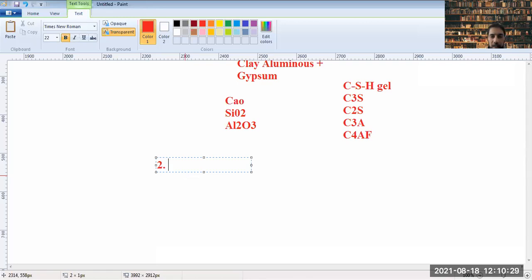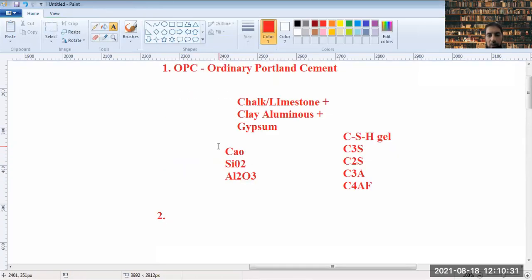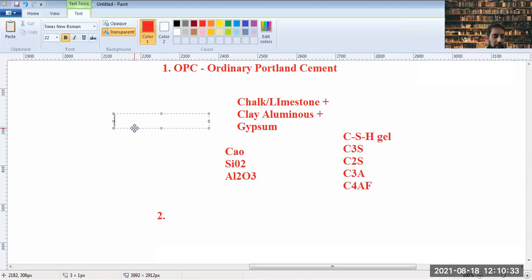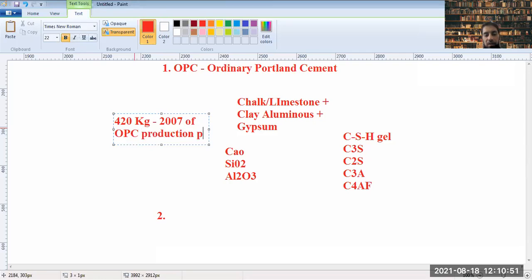The only thing important to note about ordinary Portland cement, apart from what we have discussed, is that overall in the world, in the year 2007, I don't have the latest figures, around 420 kgs of ordinary Portland cement was produced for every person in the world.